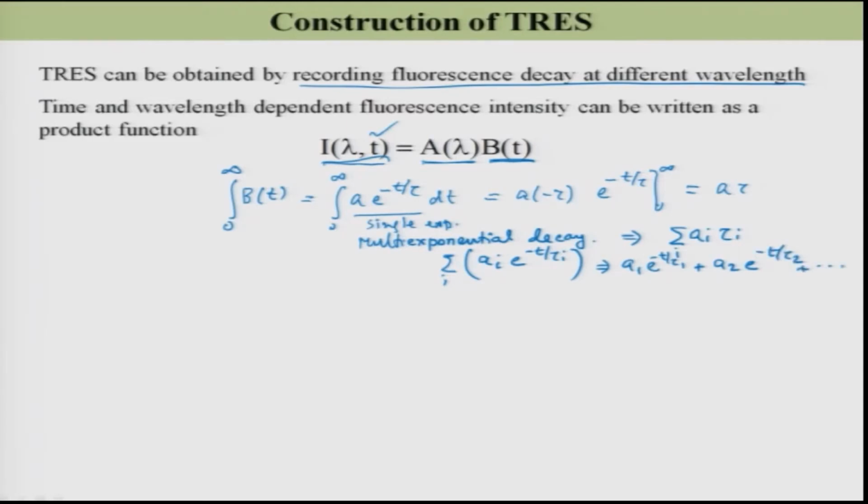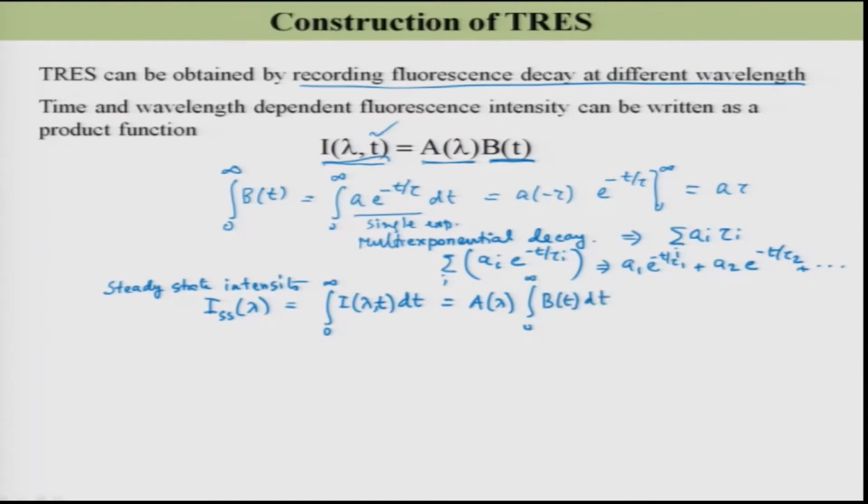Okay. So, now let me write here the steady state intensity, which I define as I_SS. Obviously, it is a function of lambda, right. So, that is nothing but the integration 0 to infinity of I(lambda, t) dt, right. In this case, I have separated this. One part is a function of lambda, and the integration 0 to infinity of b(t) dt I already got the value of.